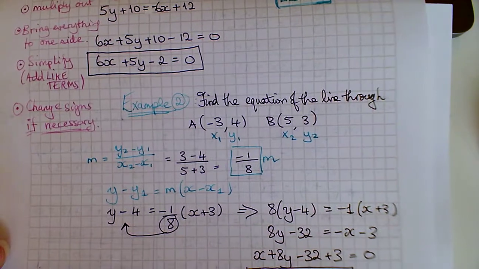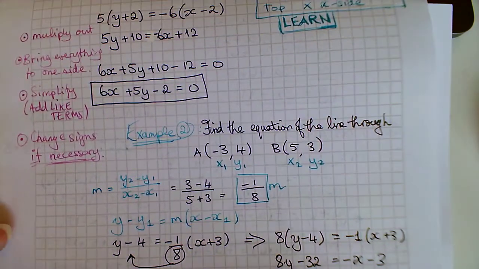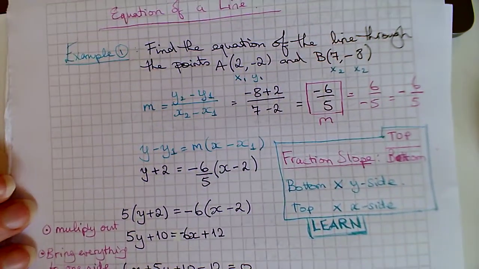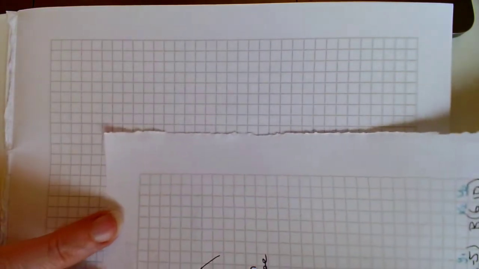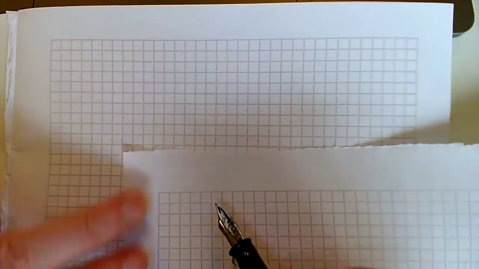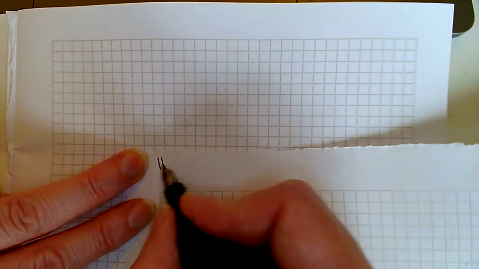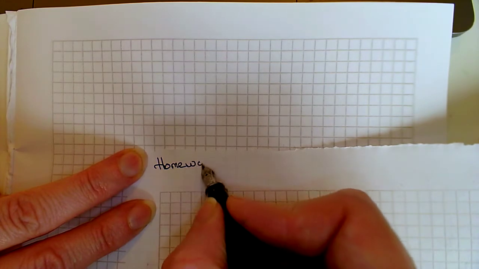Okay, so practice a little bit with those examples, and I want you to try a few yourselves for homework. So I'm going to write it here because I want to keep it on the same page. So for homework, I want you to try 2 of those.